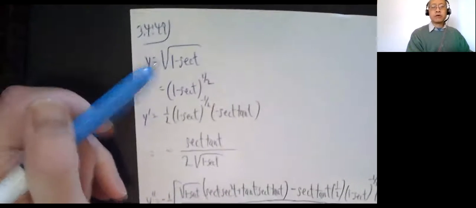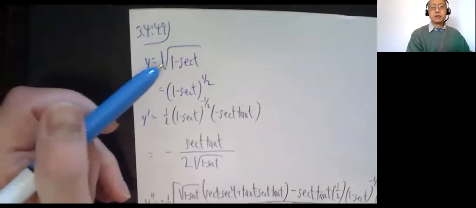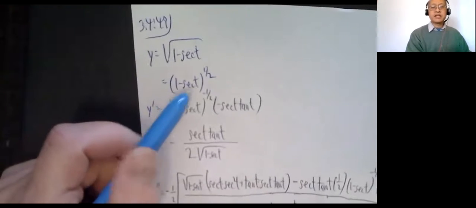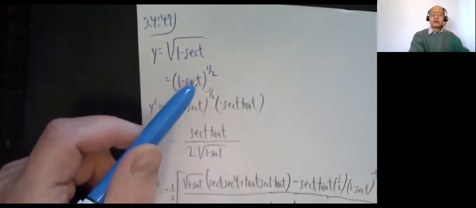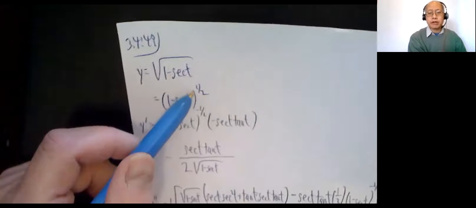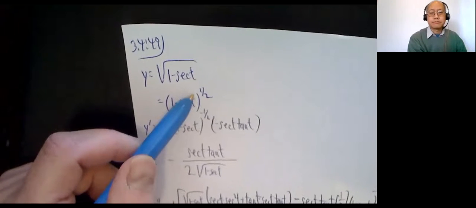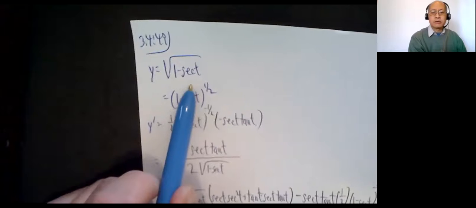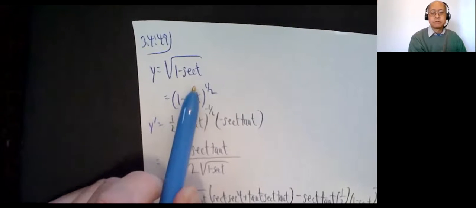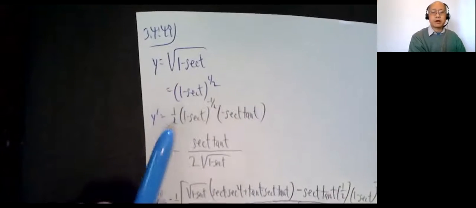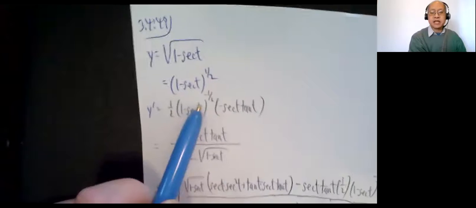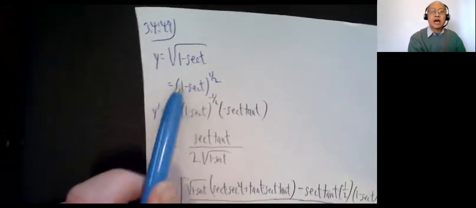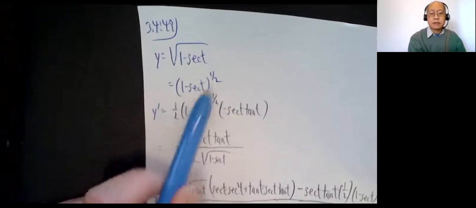Okay, y equals the square root of 1 minus secant t, which is 1 minus secant t to the 1/2 power. So this one, you really get to use your trig derivatives. All right, so the outside function is square root, which means raising to the 1/2. So y prime is 1/2, 1 minus secant t to the negative 1/2, times the derivative of the inside.